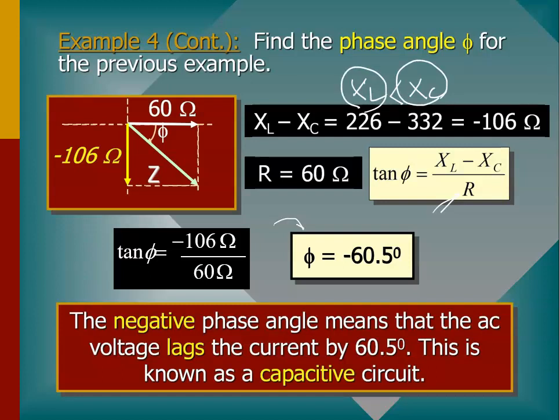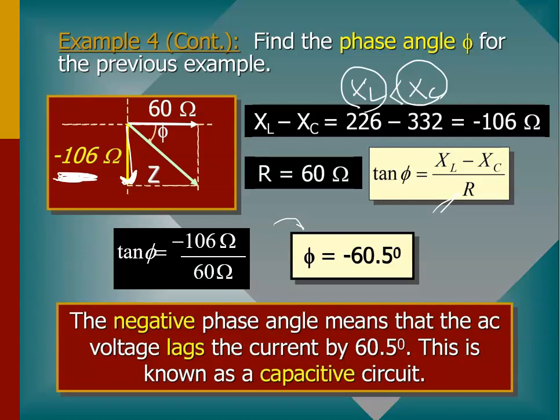Hence, the difference between XL and XC is equal to negative 106. When the difference between XL and XC is negative 106, then we know that the direction of XL minus XC is on the other side, which is on the negative side of the y-axis.